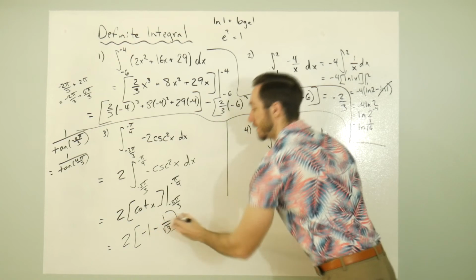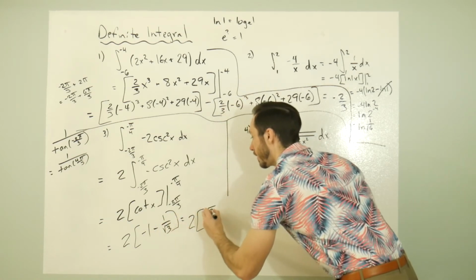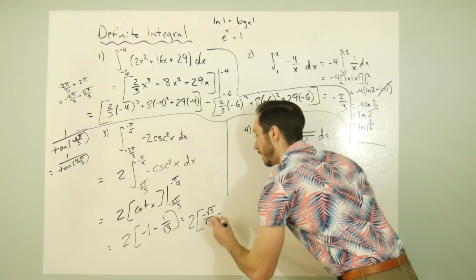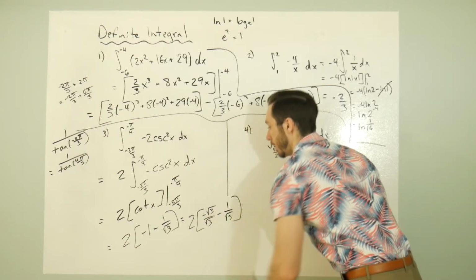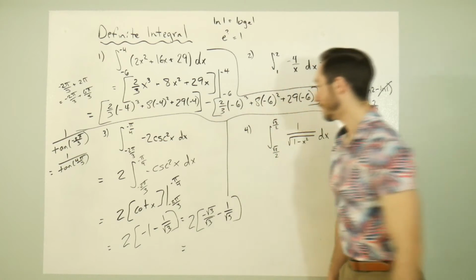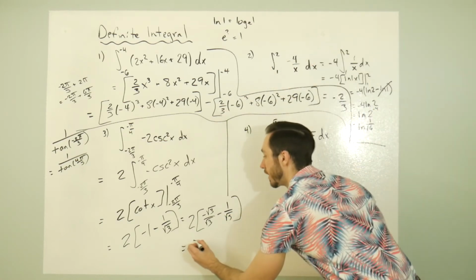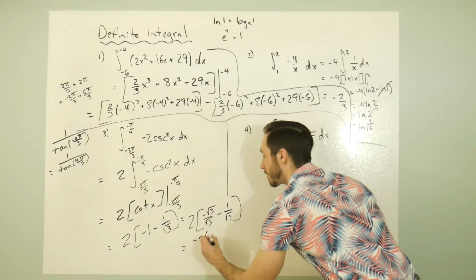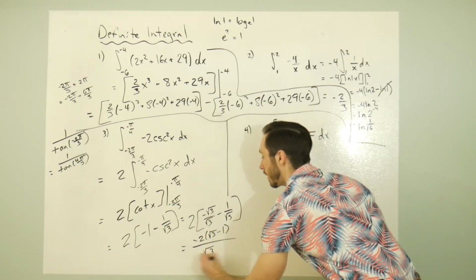So I'm just going to make this 2 times negative √3 over √3 minus 1 over √3. Maybe one last step of simplification here. I'll write it as -2 times √3 minus 1 all over √3. I'm just going to write it that way.